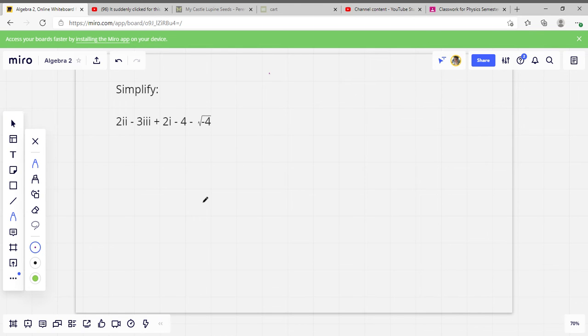So i is going to be the square root of negative 1 times the square root of negative 1. And we already said that that would equal negative 1.